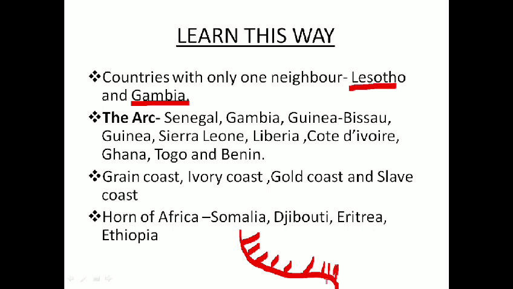Okay, Ghana, Togo, and Benin. You can take them as an arc, an arc of Africa.